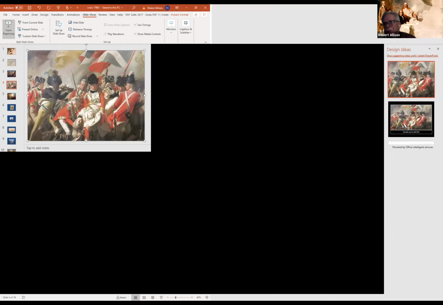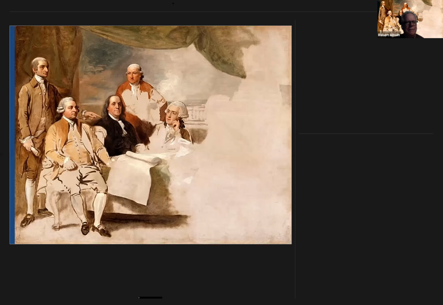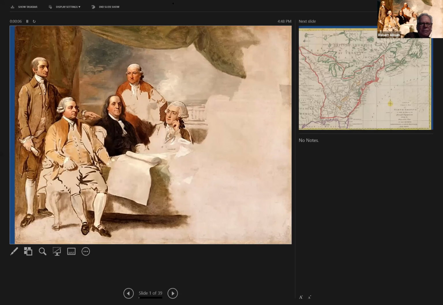What do you see on the screen? I see a picture of a map and a picture of Benjamin Franklin surrounded by 4 other gentlemen. Good. It's interesting because that's not what you should be seeing, but let me see. Okay.